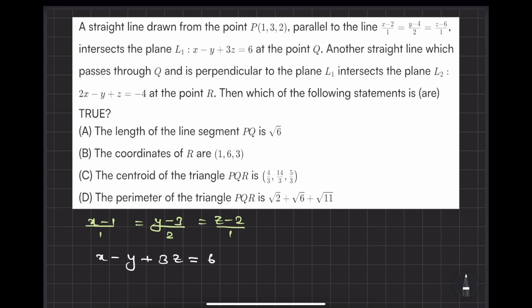Now you know that if there is a plane and a straight line, both of them will carry some point, one point at which both of them will be equal.